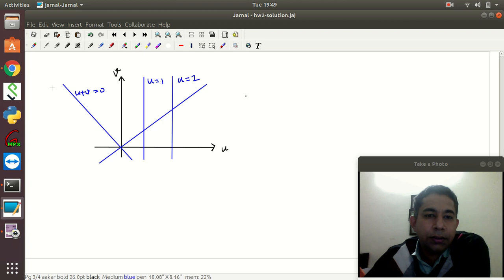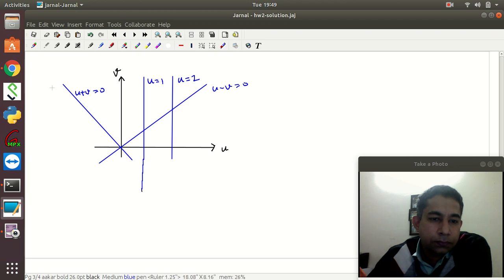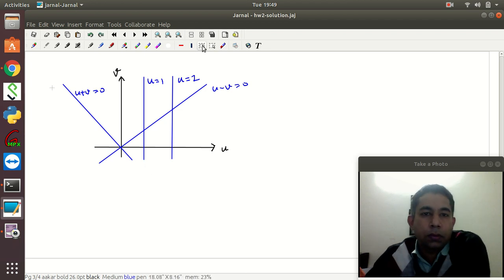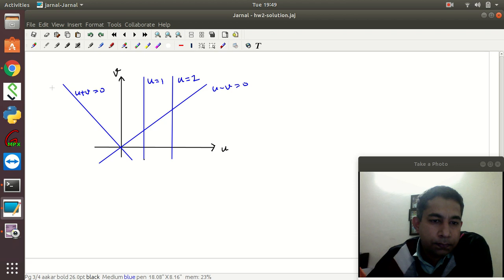Okay, so this was the line u minus v is equal to 0. So right now we don't see any trapezoid, but what we can do is extend this downward, extend this downward.